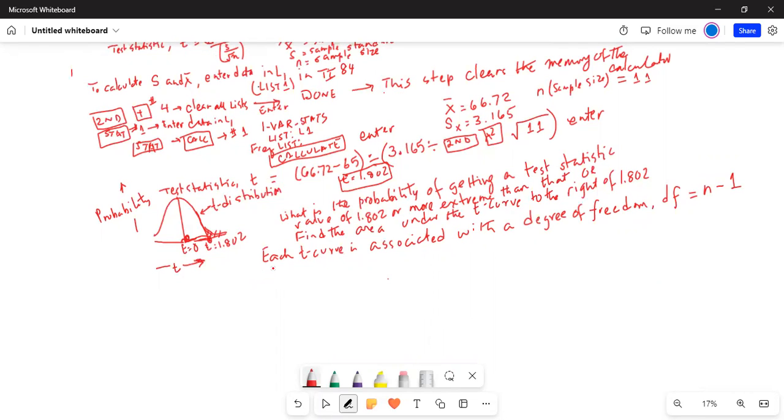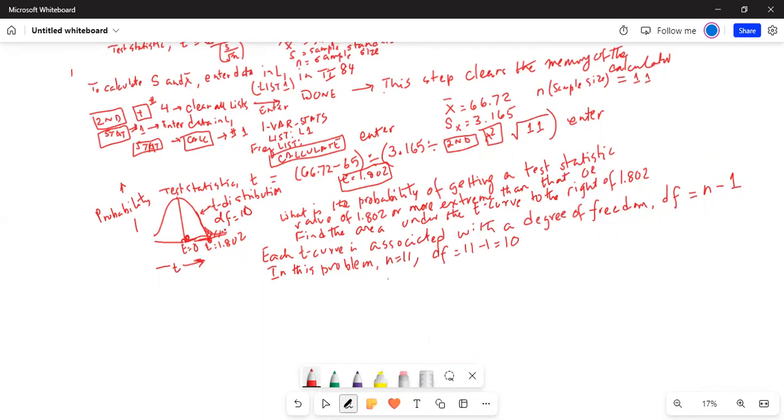Now, in this problem, n is equal to 11, so df is 11 minus 1, which is 10. Now we want to find the area to the right of 1.802 under the T curve with degrees of freedom equal to 10.